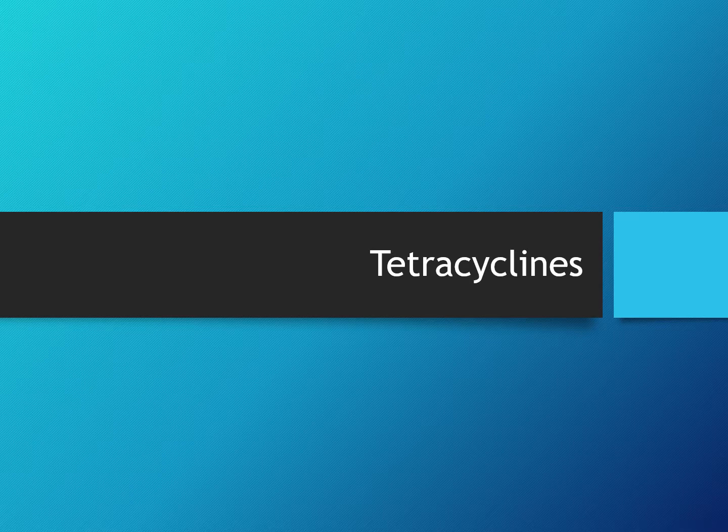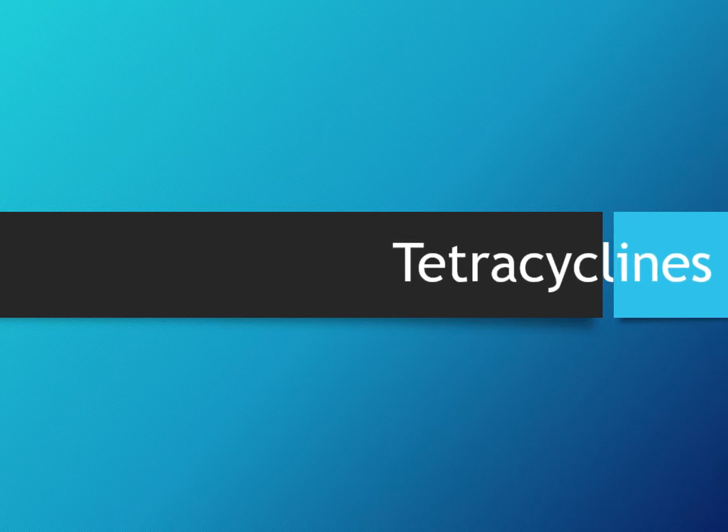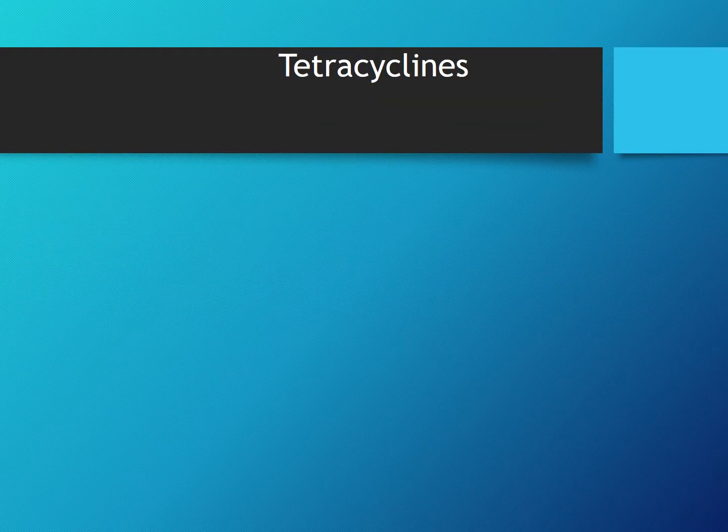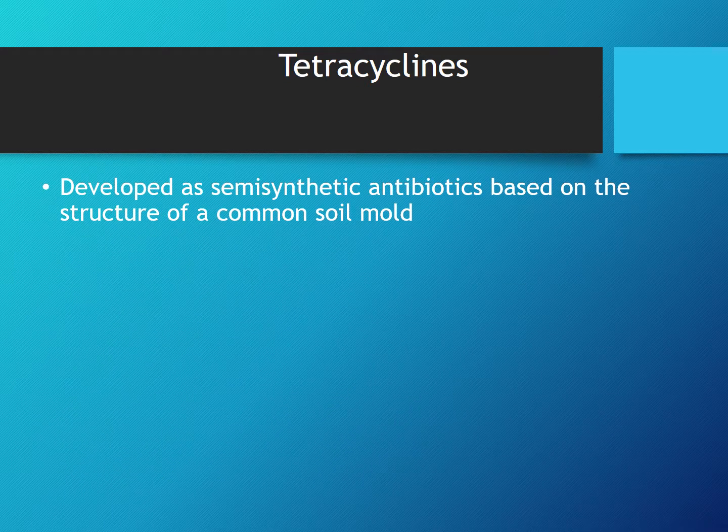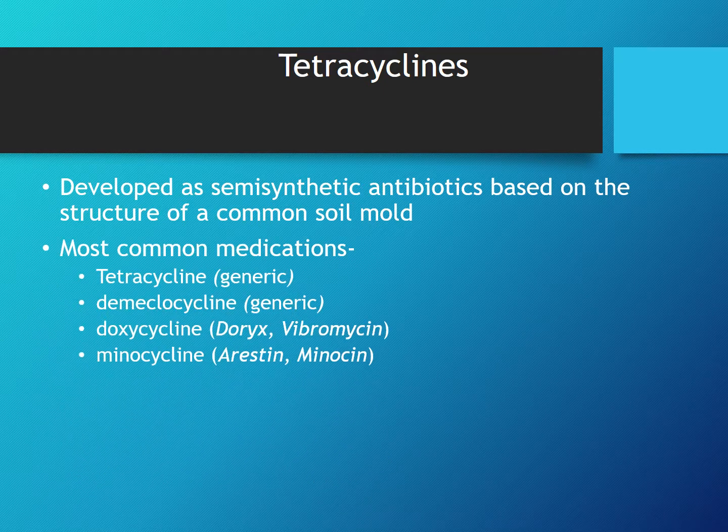We'll take a look at tetracyclines as well. Tetracyclines are an interesting classification of medications. They are semi-synthetic, based on the structure of a common soil mold. So that's where we synthesize those from.